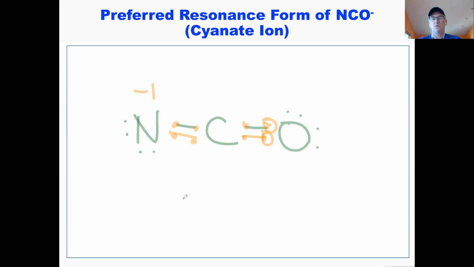Should it go in the middle on the carbon? No, it didn't say anything about it had to be in the middle. It should be on the oxygen since it's more electronegative. Right, there you go. It should be on the most electronegative element in the molecule.